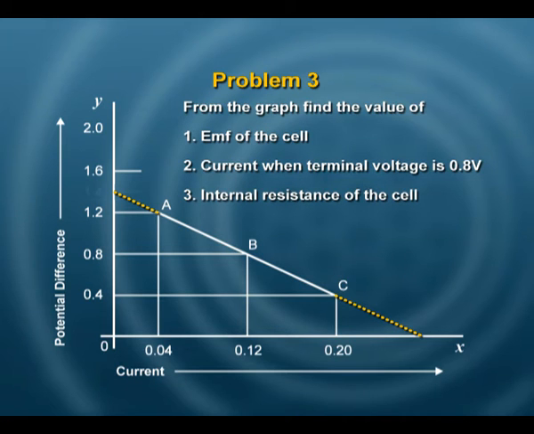In this case, it is 1.4. So the potential difference of 1.4 would be the EMF of the cell. The slope of this line will give me the internal resistance, and the other question as to how much current is being drawn if the terminal voltage is 0.8, that can be read off straight from here.